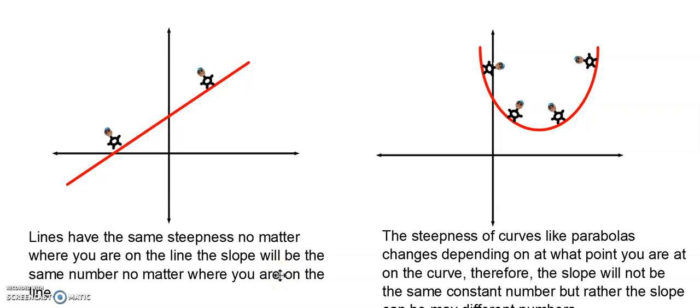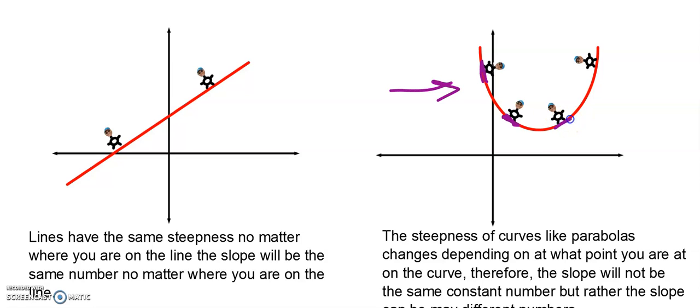But if you look at a graph like this, of this parabola, in this case, my rate of change of this parabola is going to be a negative number because the graph is going downhill from left to right. And it looks like it's pretty steep here. Here I'd have to have a negative slope, but it doesn't look like it's as steep.